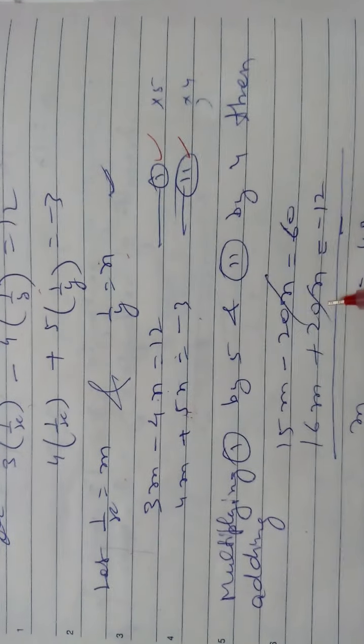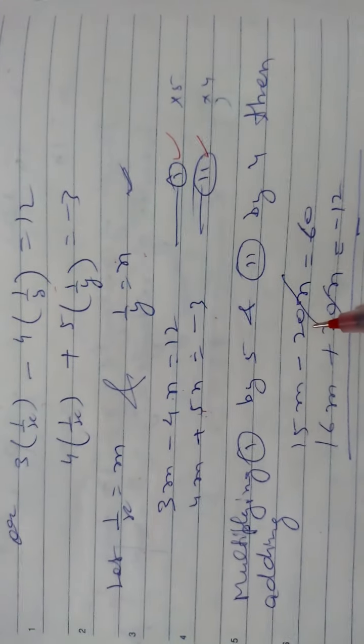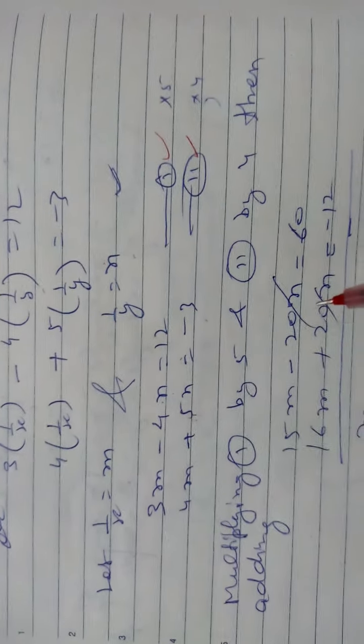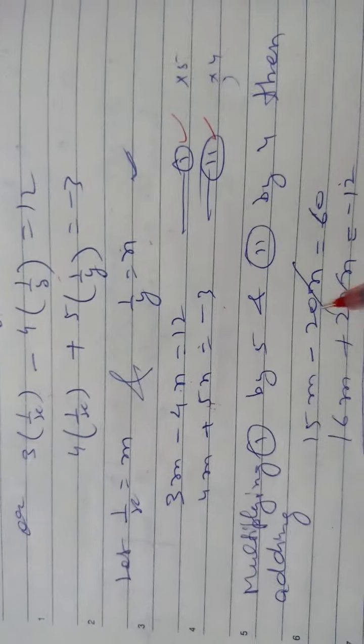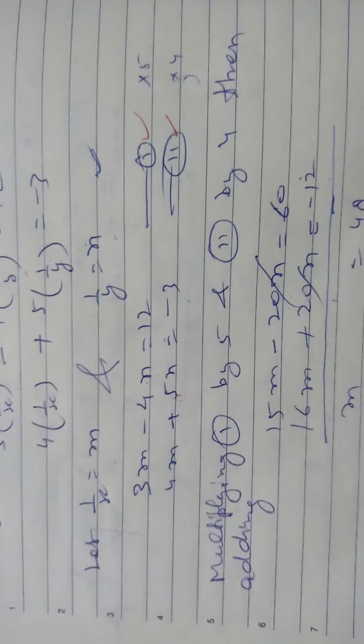I have multiplied, then 5 3s are 15, 5 4s are 20, 5 12s are 60. 4 4s are 16, 4 5s are 20 and 4 3s are 12. Now add it, this will cancel, you get m is equal to 48.